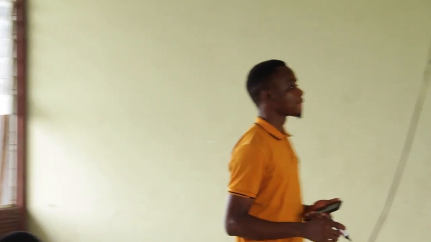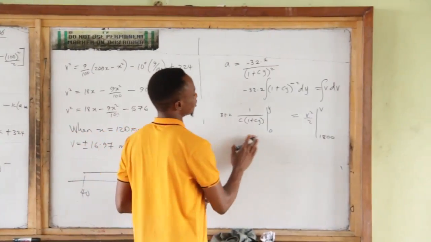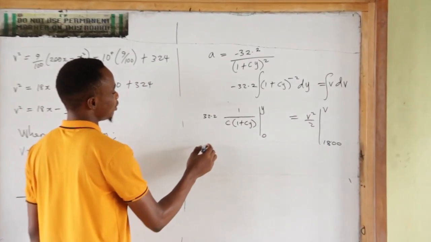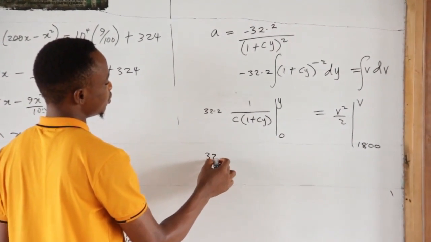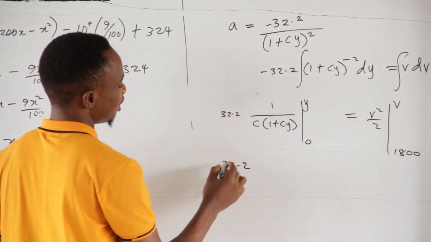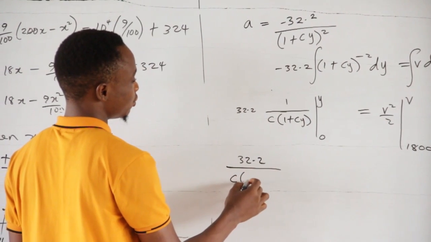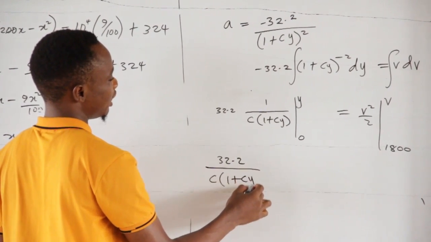Okay. So this is going to give us what now? I'm not using the c yet, so just leave it like that. This is going to give us 32.2 divided by c into 1 plus cy.